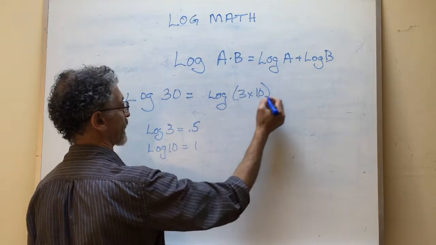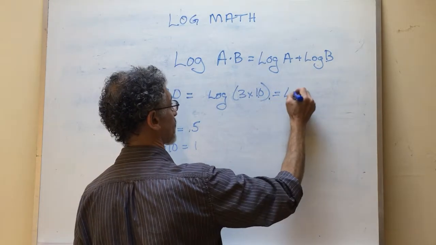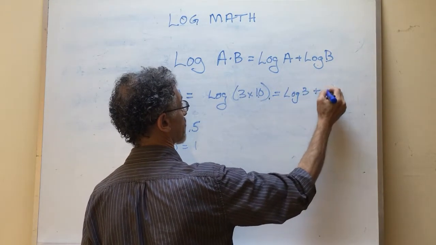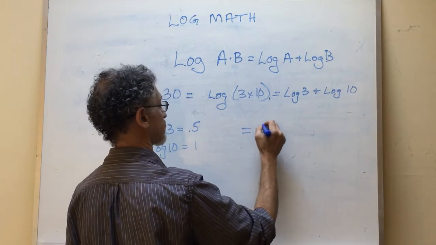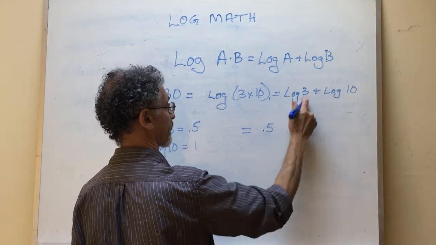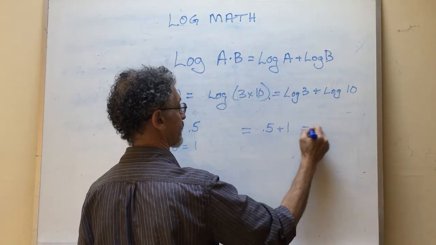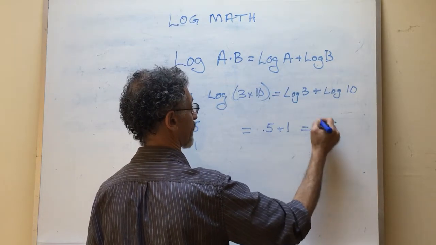So the log of 30 equals the log of 3 plus the log of 10, equals 0.5 plus 1, which is 1.5.